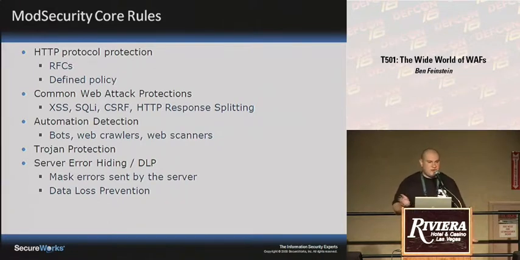My classic example here is a SQL Server error that has an ODBC error string and all this stuff in there. You don't really want that being returned to the requester, okay? And it may be a lot easier to block that kind of stuff with your web app firewall than to get all your developers to fix their code on the web app to stop throwing these ODBC SQL Server errors. Also, it can do some data loss prevention. You could look for certain content being returned, confidential, top secret, for instance, and block those responses.